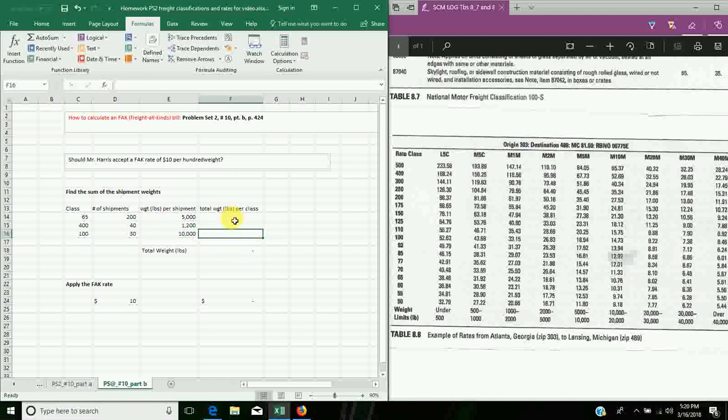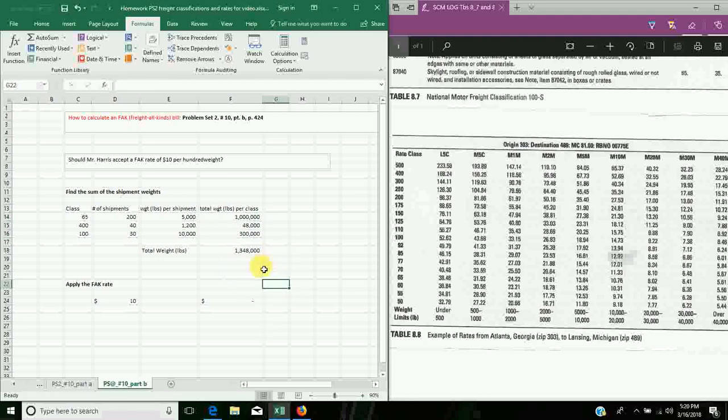Okay? Now we have to figure out the total weight of each class shipment, which is simply multiplying the number of shipments times the weight of each shipment. And we're just going to extend that down. And guess what we have?